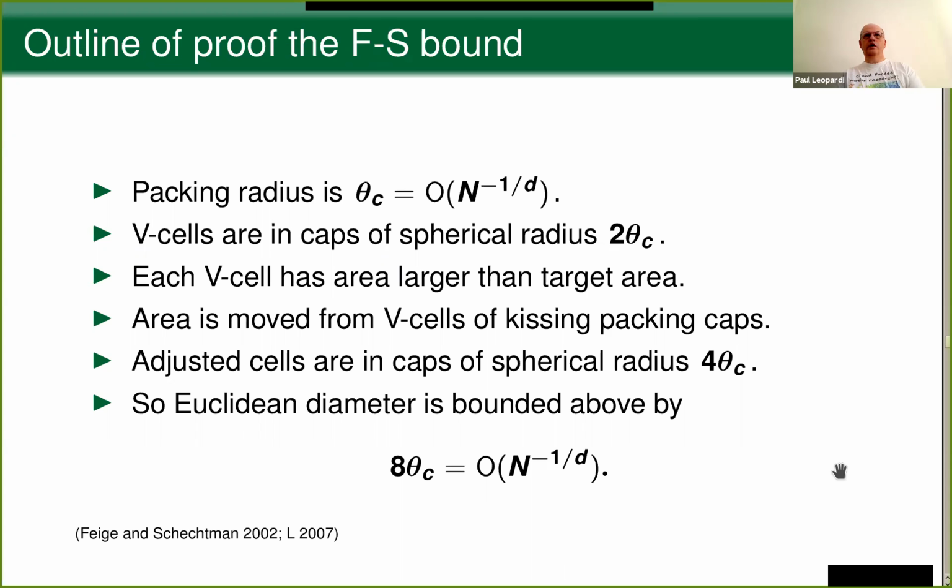Each Voronoi cell has area larger than the target area, as I said, and their areas are moved from the Voronoi cells of the kissing packing caps, which means that the adjusted cells are always in caps of spherical radius 4 times the original packing radius. So the diameter is bounded above by 8 times that radius, which is then a distance of the correct order.